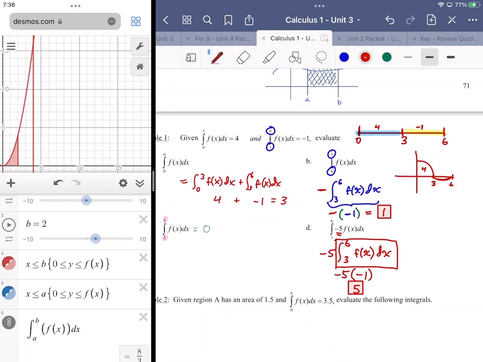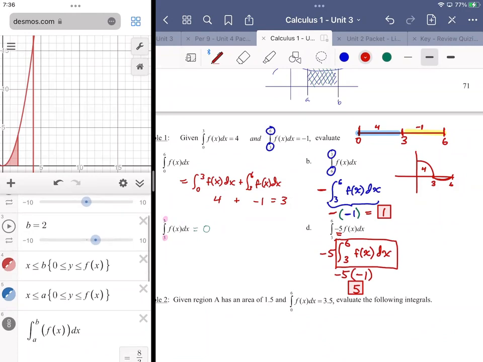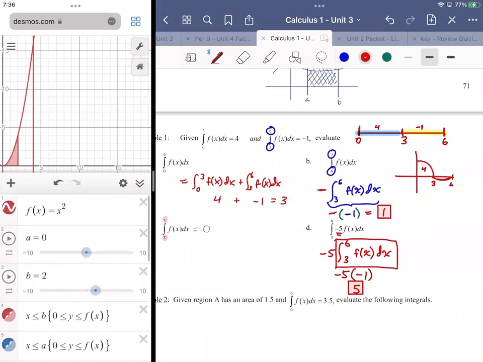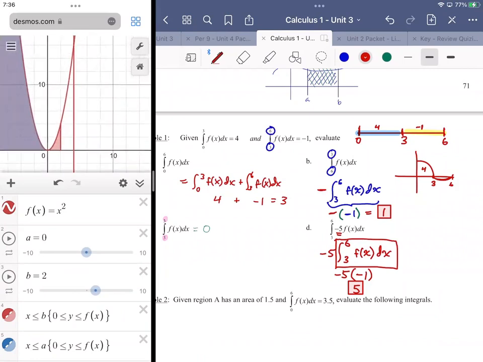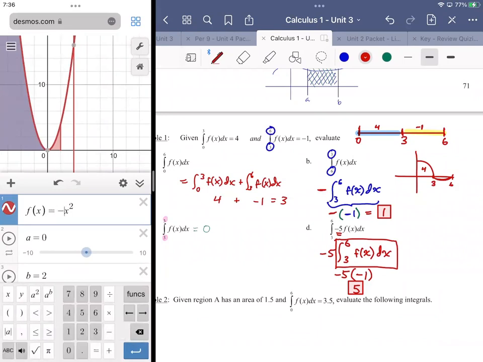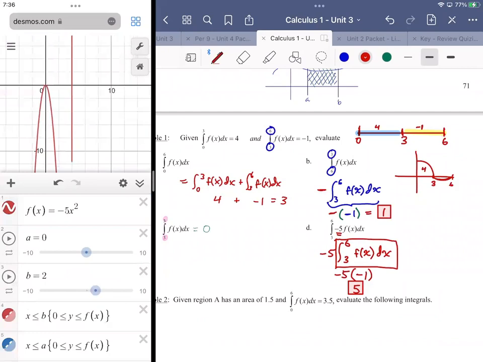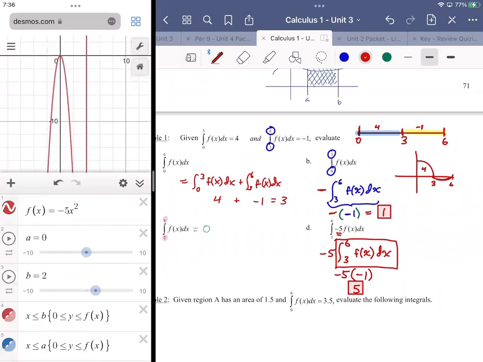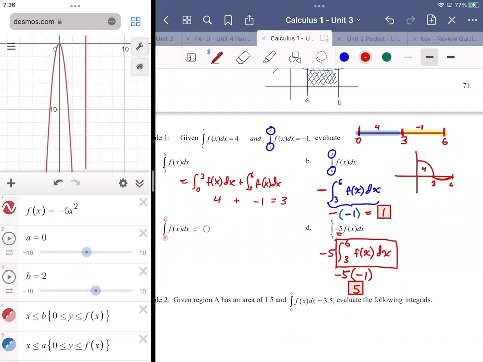Now, contextually, it's kind of weird to think about, but what this means graphically is if I were to take my function, negate it, and dilate it by a factor of 5, this is what the area would be. So if I take my function, instead of, let's say, this x squared, if I made it negative 5x squared, that would flip it over the axis and make it skinnier.